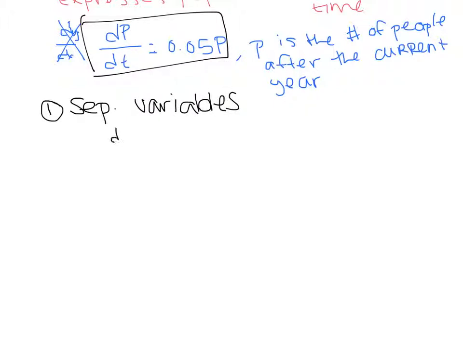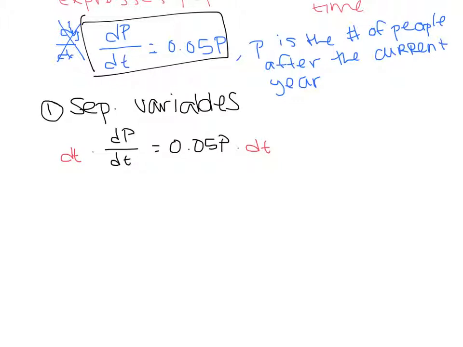Okay, so this is our current equation. dP dt is equal to 0.05 P. So I need to move my P's to one side of my equation and my t's to the other. So let's start by moving dt to this side of my equation, because that's pretty much the easiest step. So I'd multiply both sides of my equation by dt, okay?